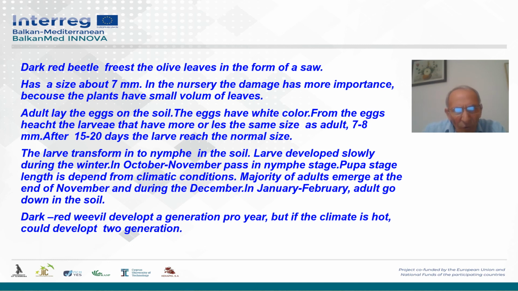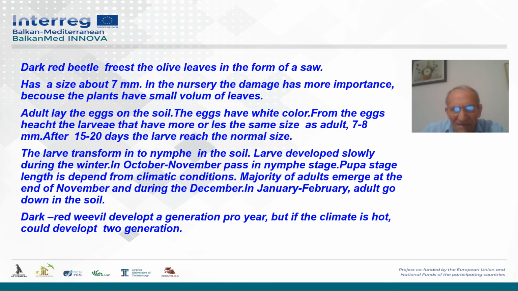The larvae transform into pupae in the soil. Larvae develop slowly during the winter. In October-November, they pass into the pupal stage. The length of the pupal stage depends on climatic conditions.